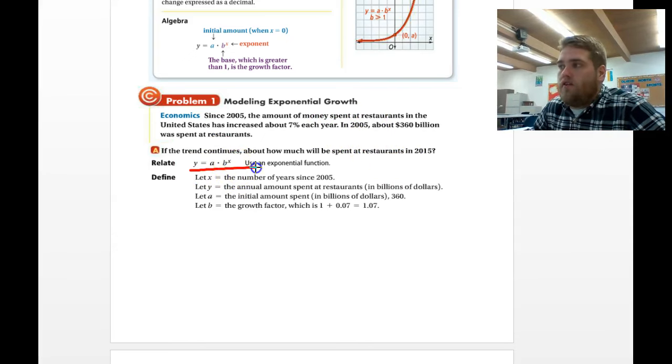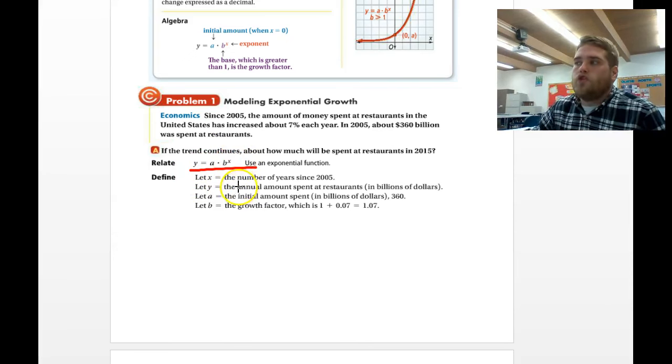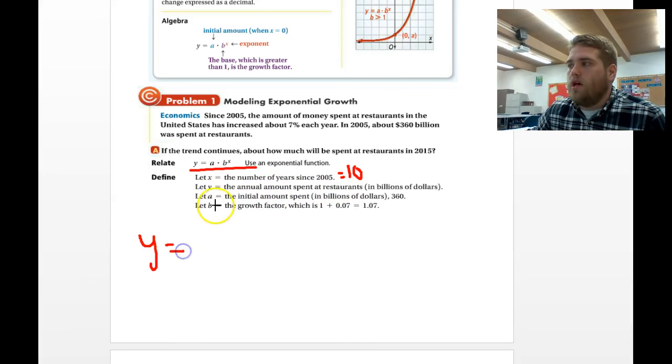So this is our function, y equals a times b to the x. We're going to let x be the number of years. The number of years between 2005 and 2015 is 10. Let y be the annual amount. Let a be the initial amount spent, which was 360 billion, so 360.